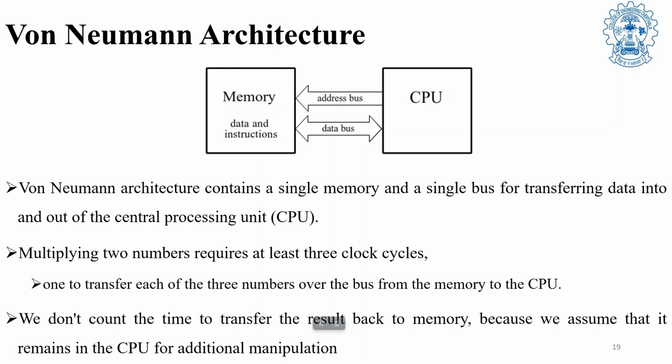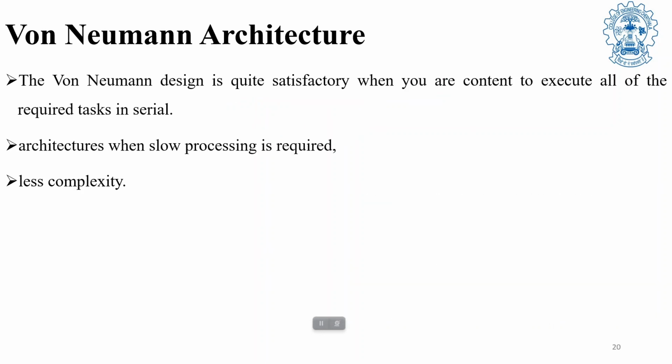And this leads to the other two architectures, Harvard architecture as well as Super Harvard architecture. So in von Neumann architecture, the processing operation is very slow, but the advantage is that it is less complex.